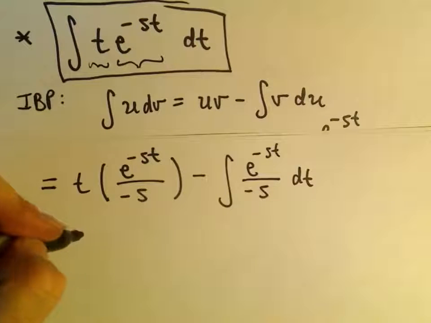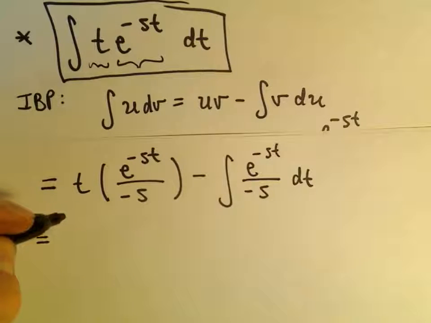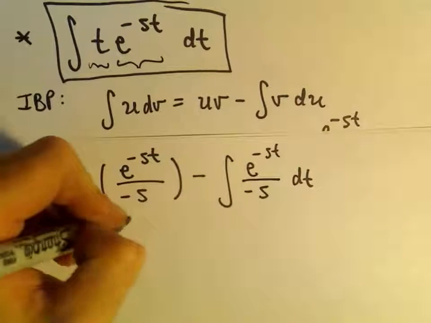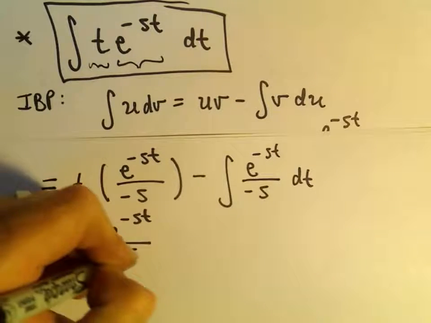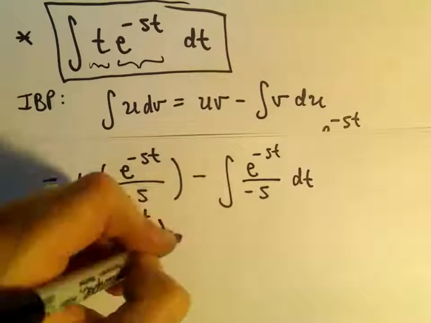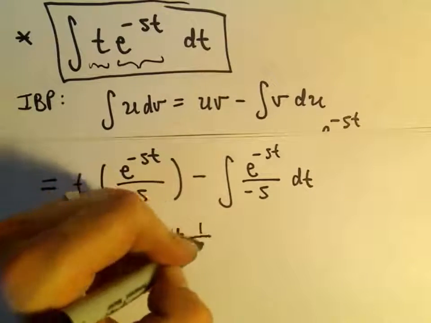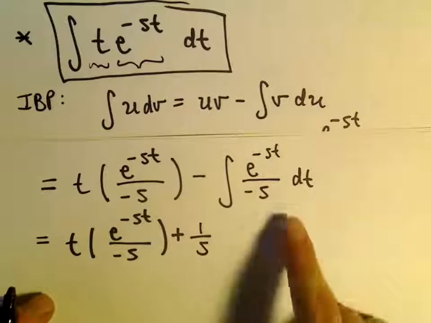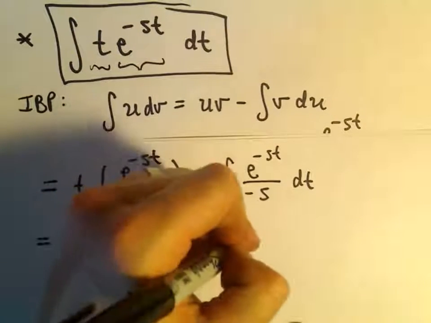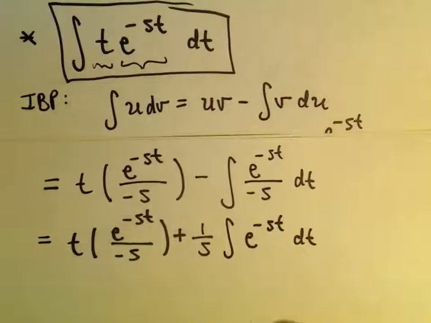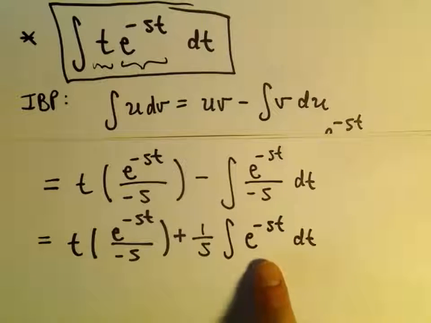So I'm not going to do too much to the first term here. We have t times e to the negative st over negative s. Two negatives make a positive. You could factor out the s, and treat that like a constant here. And now we're just integrating e to the negative st dt. Well, we just integrated that a second ago. That's what we were talking about.